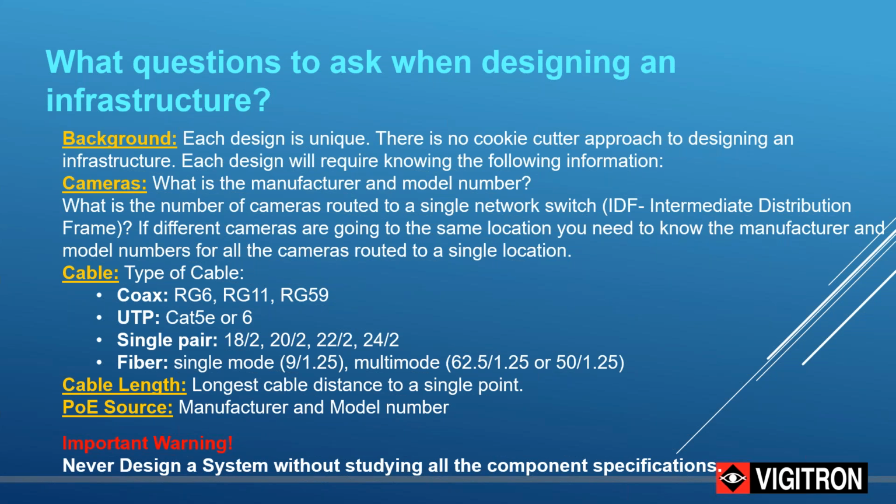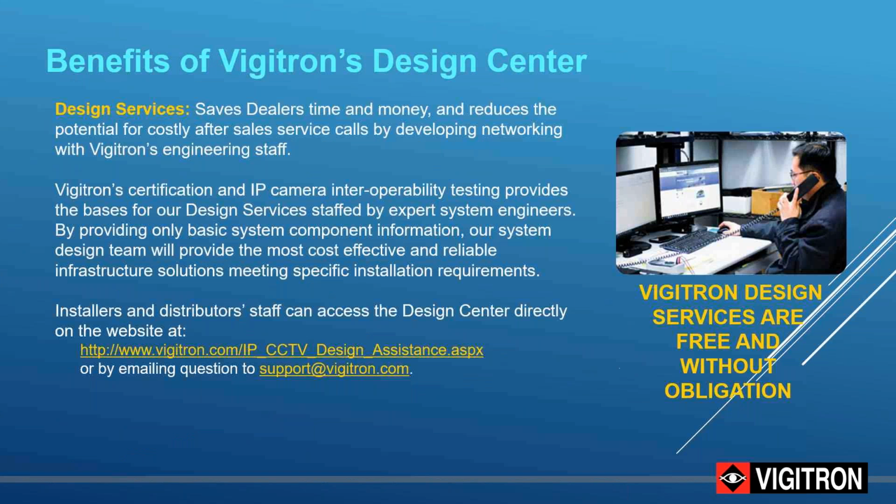Is the PoE source we have adequate enough to drive the system? So these are all the things you have to take into consideration every time you ask about a network component within your system. Never, ever design a system without studying all the network component specifications, because they all have to be met by every single part of the system itself.